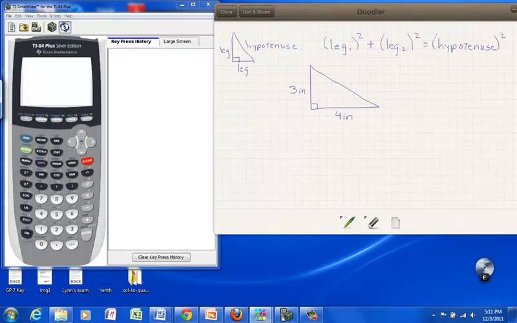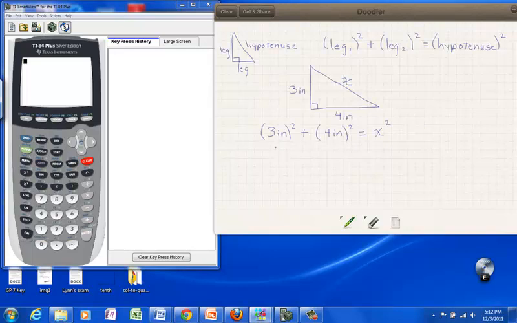Then the formula says that 3 inches squared plus 4 inches squared will be equal to whatever this side is, so we'll call it x, an unknown, squared. Notice I'm going to square both the 3 and the 4. So x squared is equal to this.